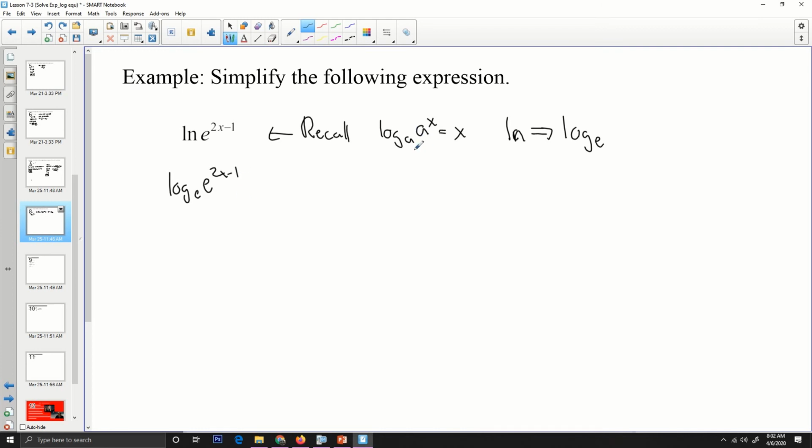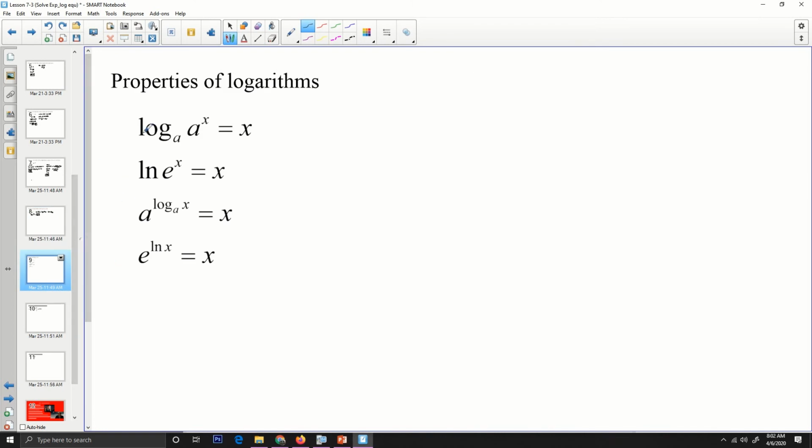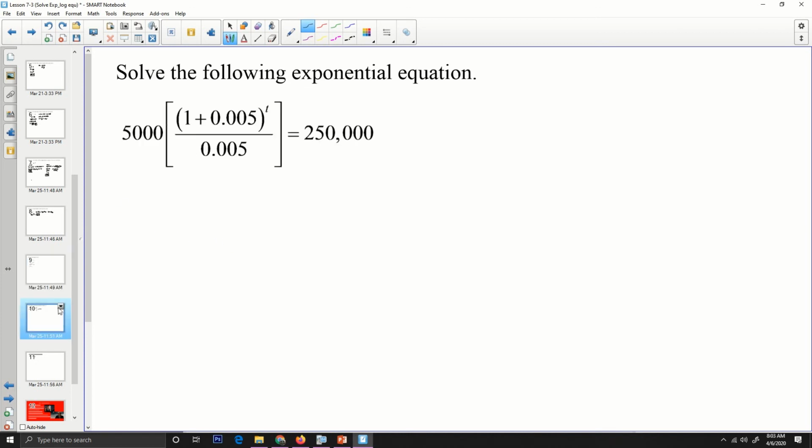And since I have log base e of e to the power, this thing is just equal to the expression there, 2x minus 1. And that is our simplified version. So just another review of those logarithm properties. Log base a of a to the x is just x, just like ln of e to the x is going to be x, and a to the log base a of x is going to be x, and e to the ln x is just going to be x.